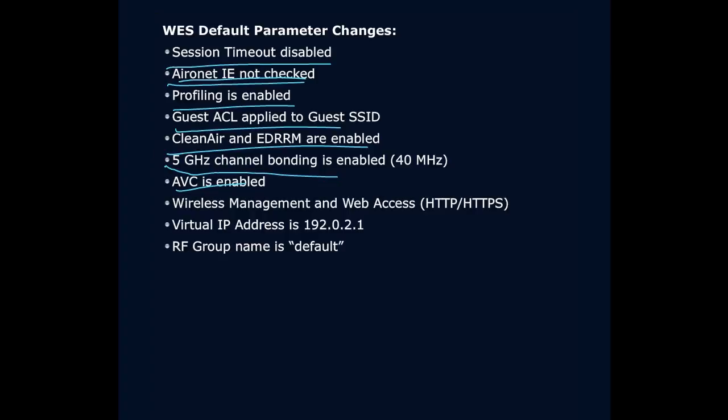So there's lots and lots of different information that you're going to have before going into this process, all right? Wireless management here in our GUI, we're going to see whether or not we want HTTP or HTTPS. Our virtual IP address, this is useful if we have a lot of different wireless LAN controllers in our environment. And then RF group, the name is default by default.